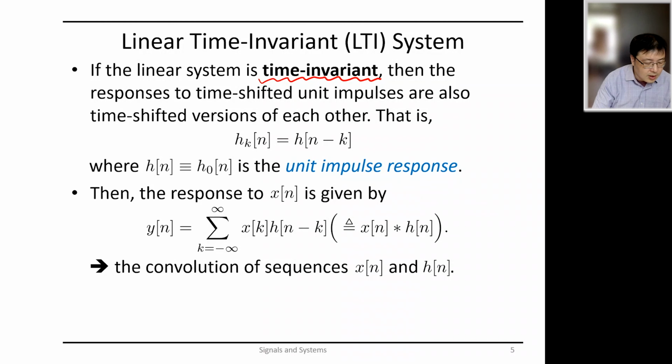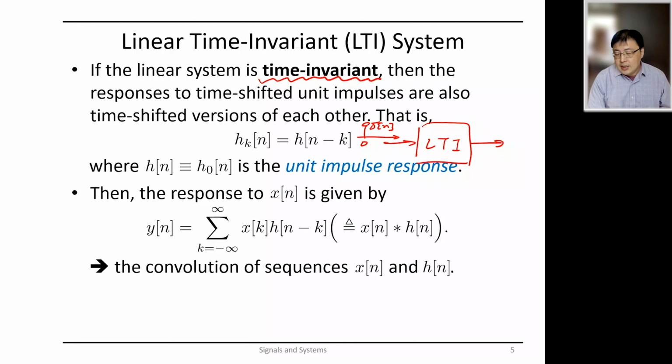So for example, suppose that you have a linear time-invariant system here, and you insert an impulse at time 0. So this is delta n.